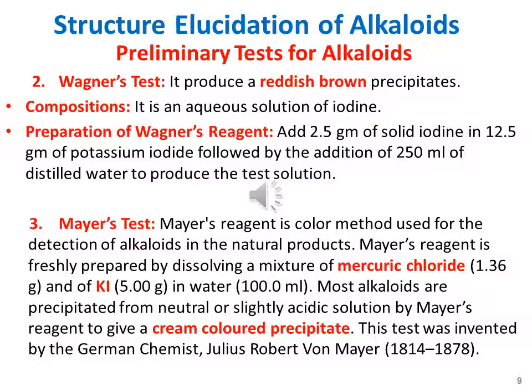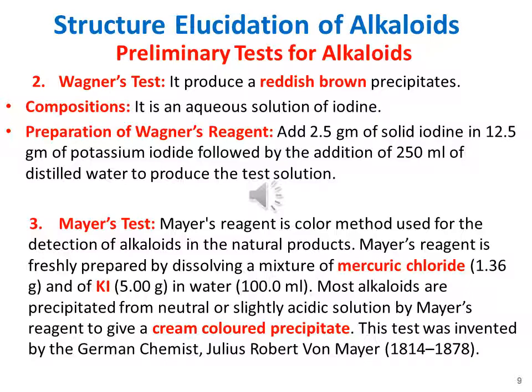Mayer's reagent is freshly prepared by dissolving a mixture of mercuric chloride, 1.36 grams, and potassium iodide, 5 gram, then add 100 ml of distilled water.